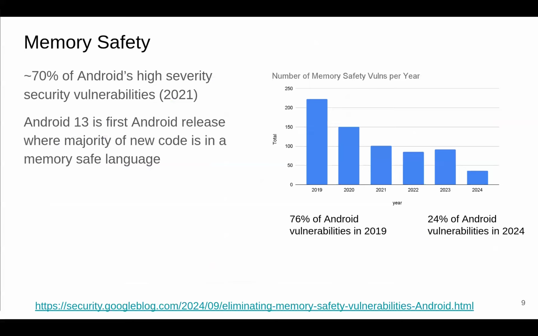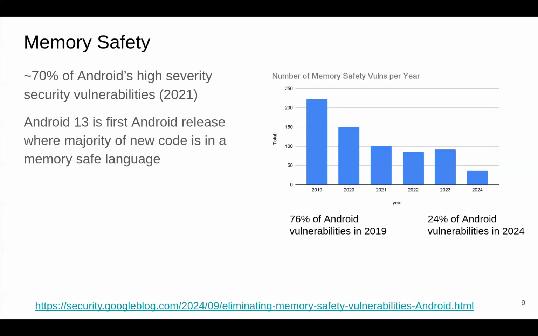70% of Android's high severity vulnerabilities in 2021 were in low-level code due to memory safety issues. And since Android 13, Google has pushed quite a bit the use of safer languages such as Rust and potentially Go on the server end.